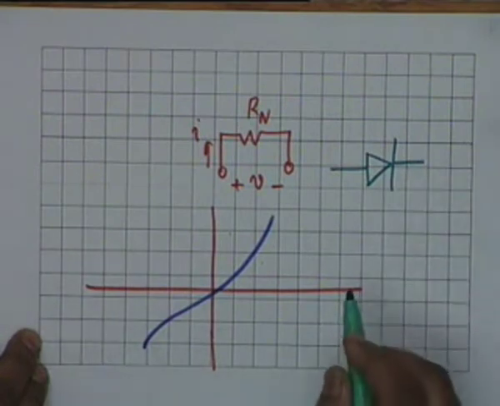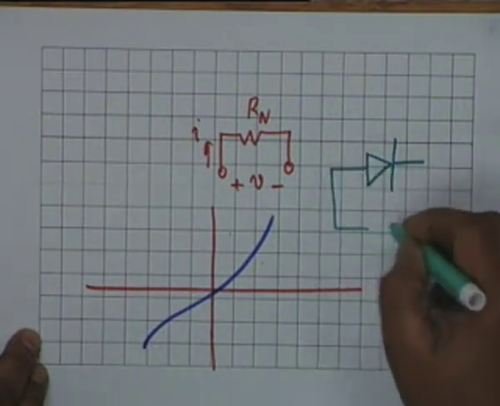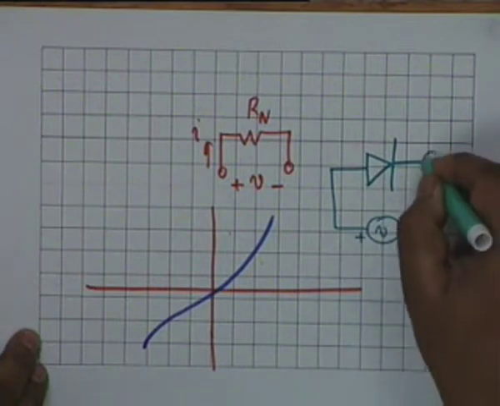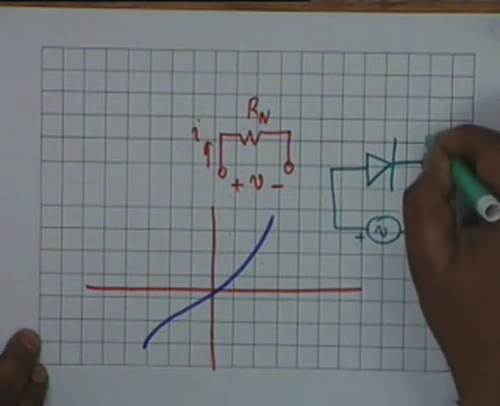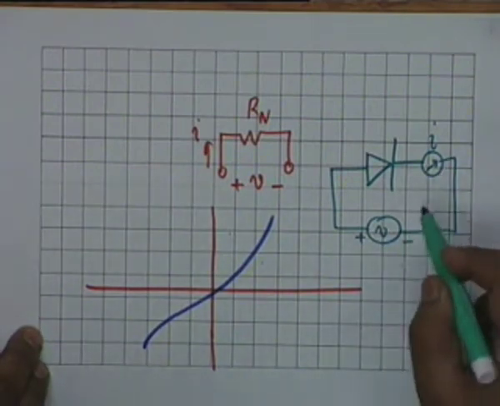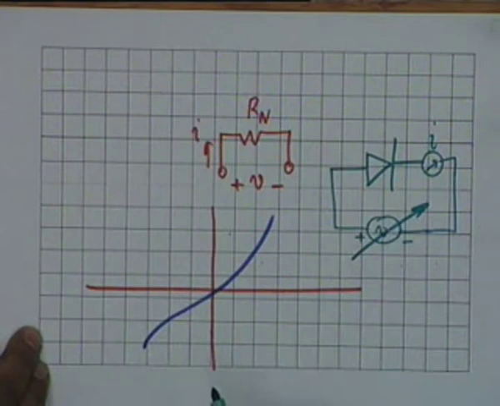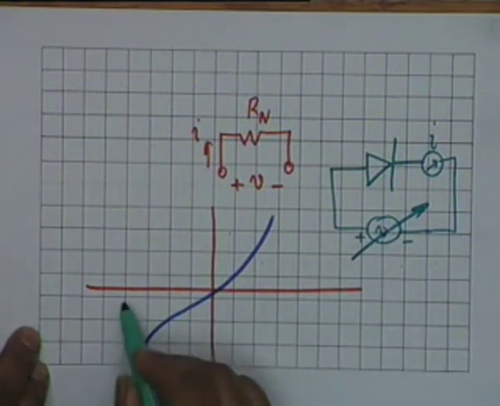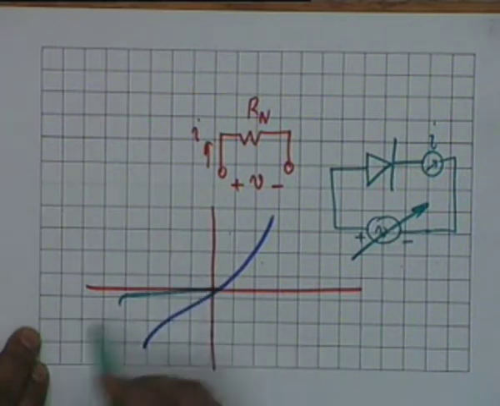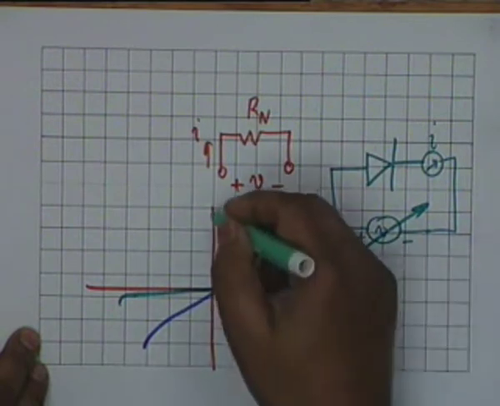A diode, if you connect a voltage source V and measure the current I, and vary V, then the current shall also vary, and one will see that one gets a characteristic like this. It's very small. This is IV characteristic.